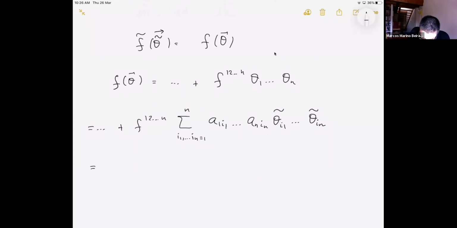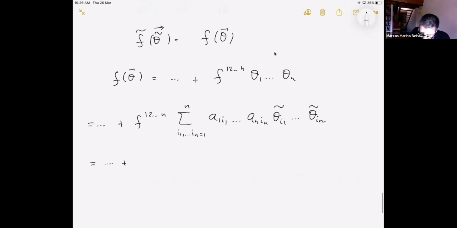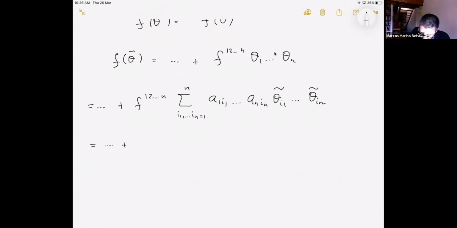Now, let me just manipulate this a little bit. Notice that I can always put these thetas in order. I have n theta twiddles here, but they are not ordered. So if you want i1 up to in, I have to look at these indexes as a permutation of the original indexes 1 to n.